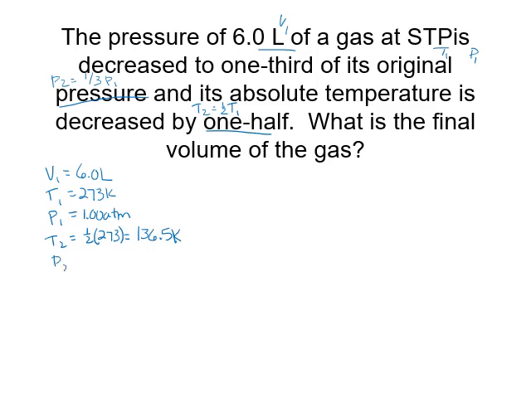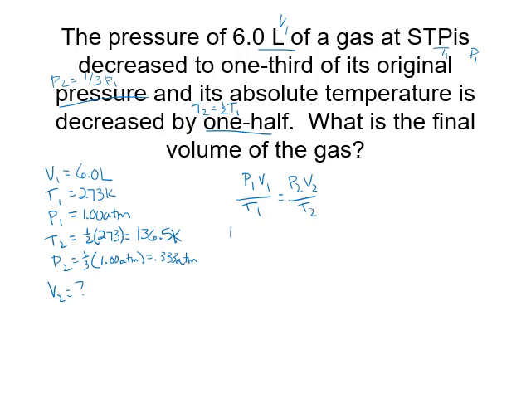And P2 is 1/3 of P1, which is 0.333 atmospheres. Okay, and I'm looking for V2. So this is going to be a combined gas law. I don't have anything constant. P1 V1 over T1 equals P2 V2 over T2.